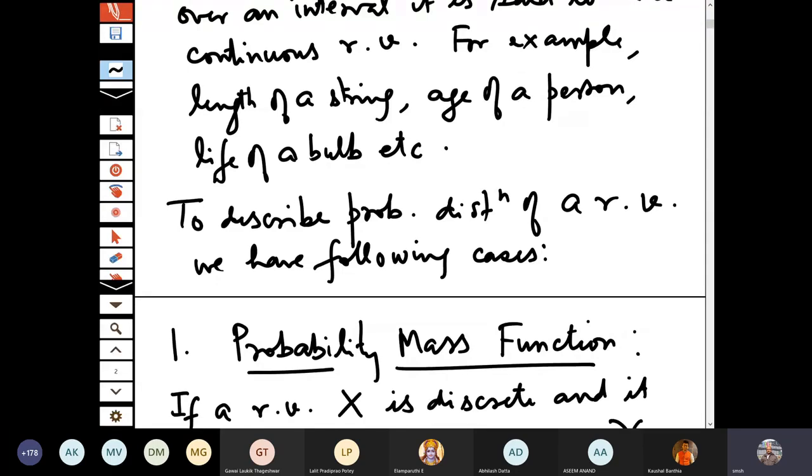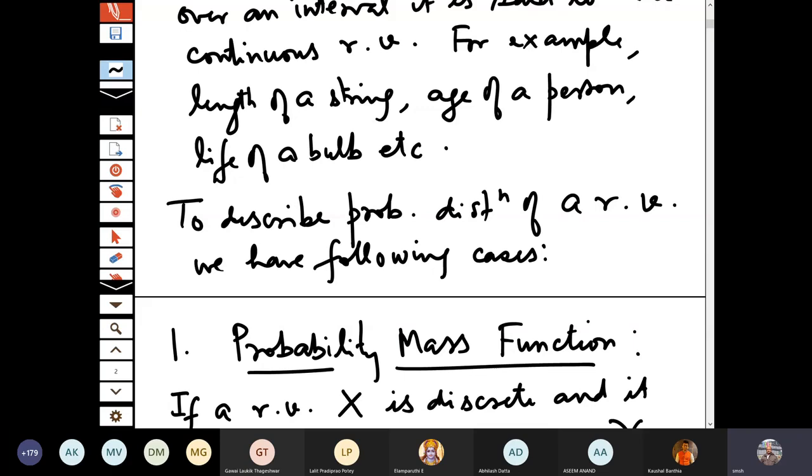Now the next question comes: what is the purpose of studying random variables? Initially, from a random experiment we go to the sample space, where the outcomes were collected, and then we associate probabilities with the outcomes of that sample space.